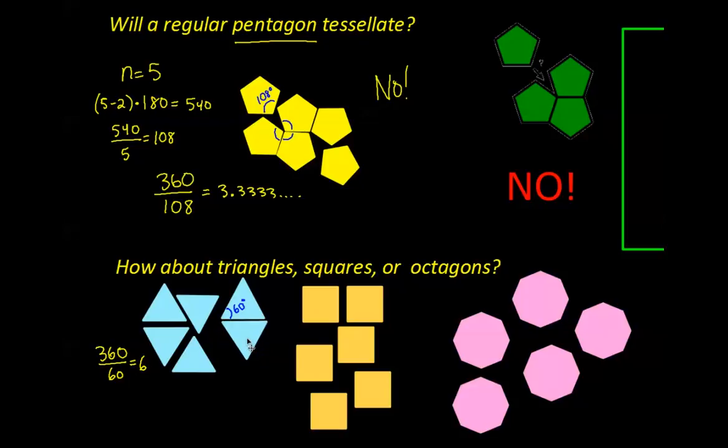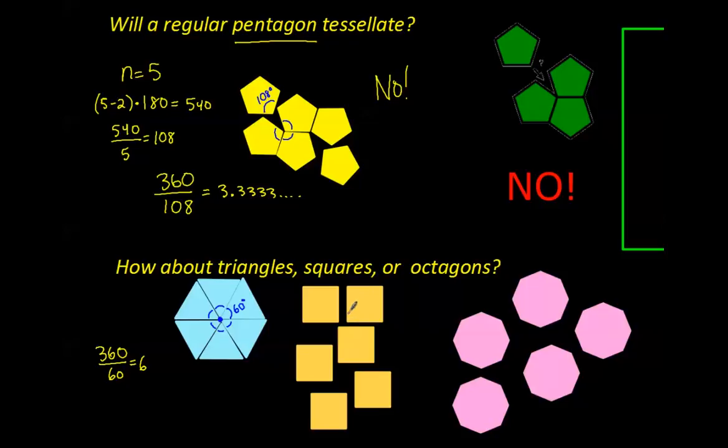Let's try to do that and see if it will work. And there we have our visual of the regular triangle tessellating. In fact, there are 6 of them. 1, 2, 3, 4, 5, 6. 6 of those around this point in order to tessellate. How about a square?